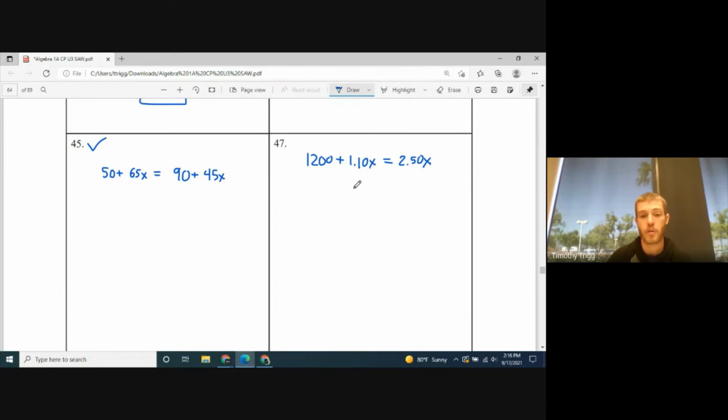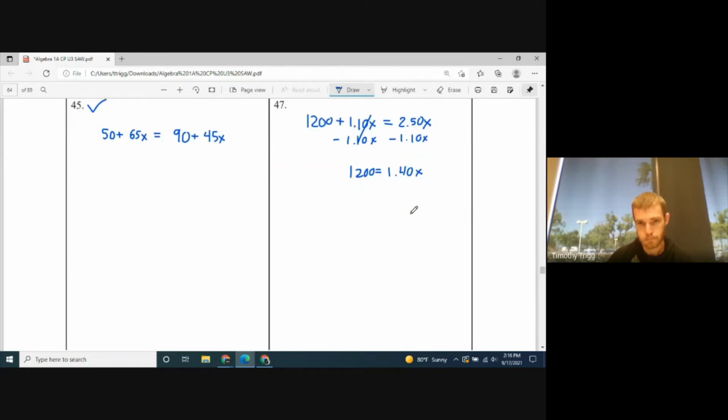Okay. So here, what would be our first step? Hopefully you can see I could subtract 1.10x on both sides here, giving us 1,200 on the left equals $1.40x on the right. Divide by $1.40.